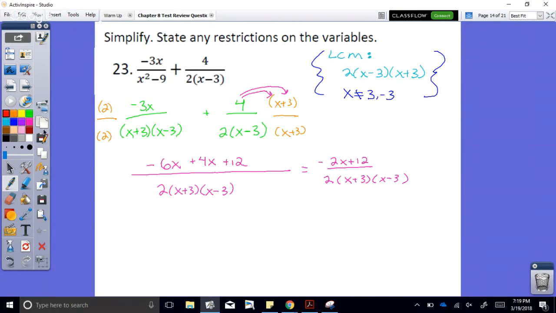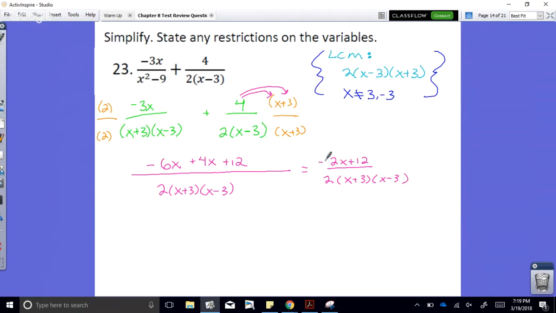But the last thing is to see if we can factor anything. If you notice, there's a 2 in common, and since the lead term is negative, I'm going to factor out a negative 2, which makes this a positive x minus 6, okay, divided by 2 times x plus 3 times x minus 3.